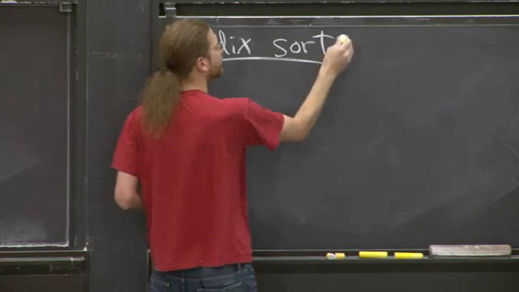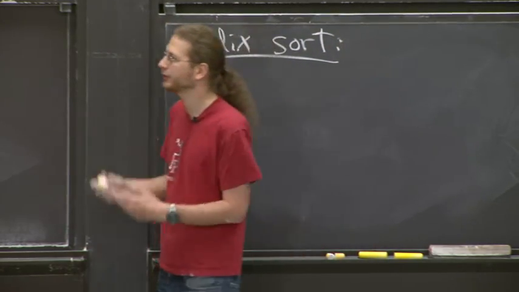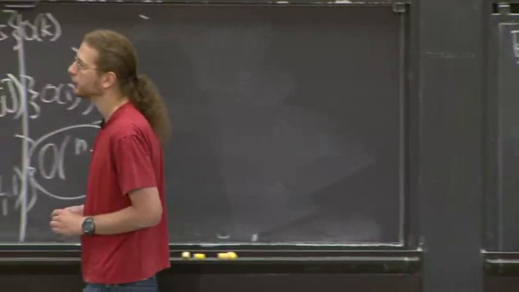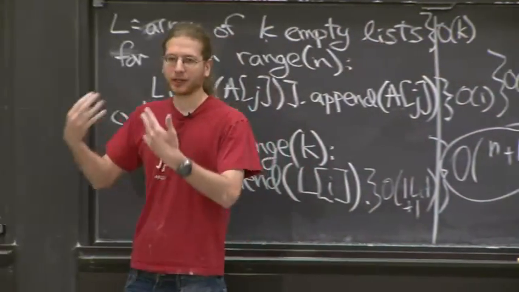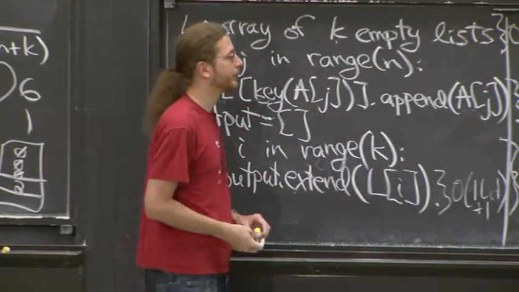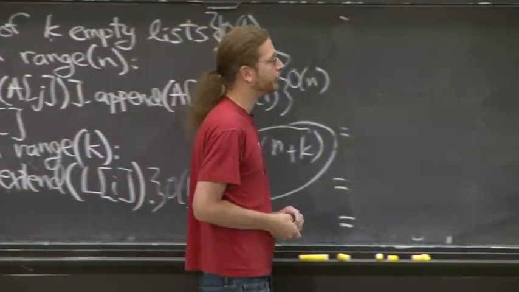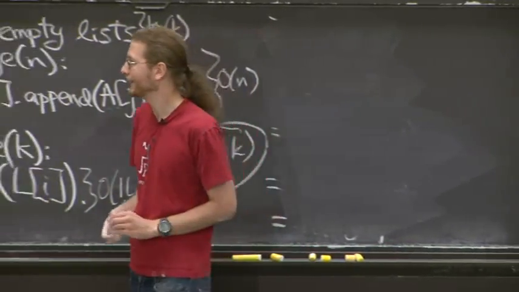It's going to use counting sort as a subroutine, which is why I spent all this time on a mediocre algorithm. And it's going to get a much larger range of k, and it will still be linear time.